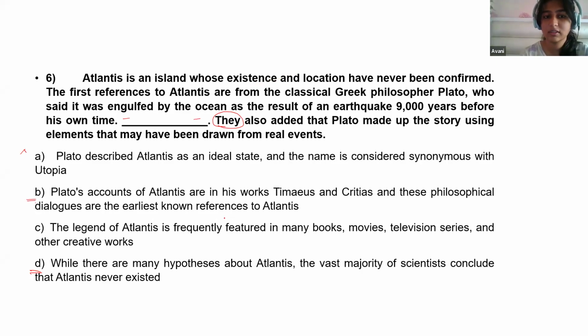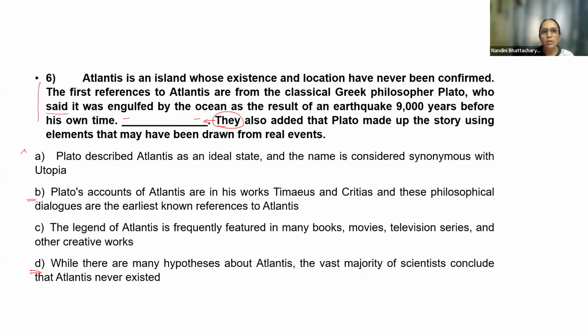Because you circled "they", so the scientist also added that Plato made up the story. So "they" should refer to somebody who is already mentioned in the previous sentence. They also added that Plato made up the story using elements that may have been drawn from real events, and the earlier sentences were talking about what Plato had said. The first references to Atlantis are from the classical Greek philosopher Plato, who said it was engulfed by the ocean.